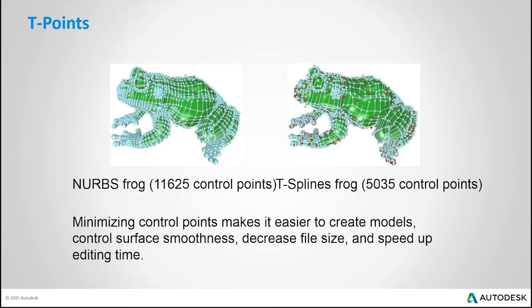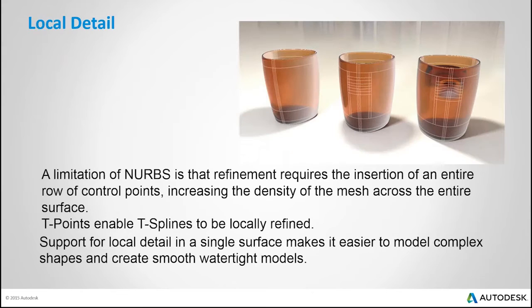So you can see that by minimizing control points, it makes it easier to create models, control the surface smoothness, decrease the file size and speed up any editing you may have to do. You've also got a limitation to the amount of local detail that you can do with NURBS. So T-splines are slightly easier perhaps to control.